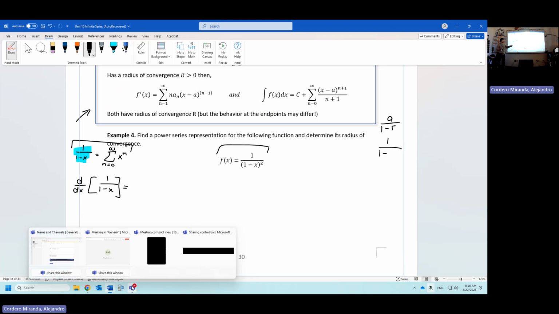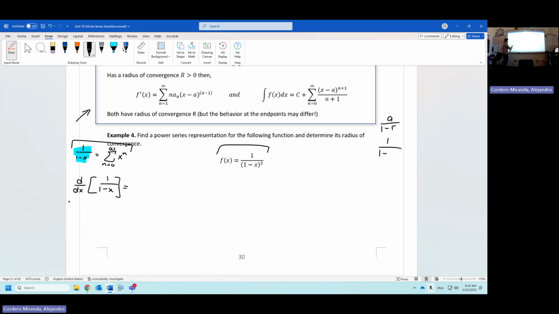I think the easier way to do it, rather than a chain rule, is the quotient rule, but you could do this using a chain rule. But I think maybe the quotient rule is easier to see. So here's us doing the quotient rule. That would be low d high low left alone. Derivative of high is 0 minus high d low. High times derivative of low is negative 1 over low squared.